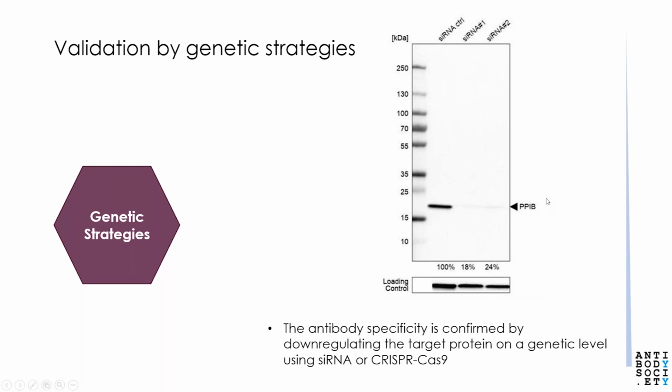As you can see, in both lanes with the siRNA targeting PPIB, we have almost no banding pattern for PPIB, which, in two different samples, shows the specificity of the PPIB antibody for these cells.